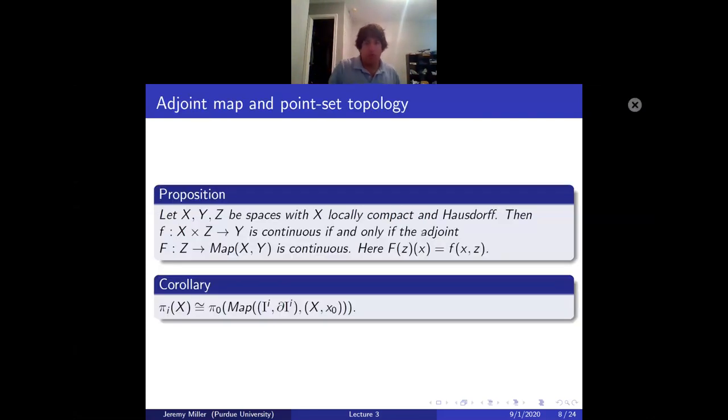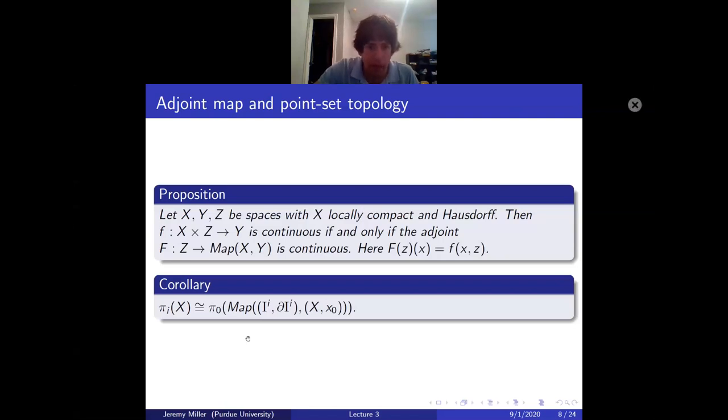Yeah, so this slide just says that modding out by homotopy is the same thing as taking pi 0. And I think the point set topological assumptions, we just need to apply them basically to the cube, for which they're satisfied.